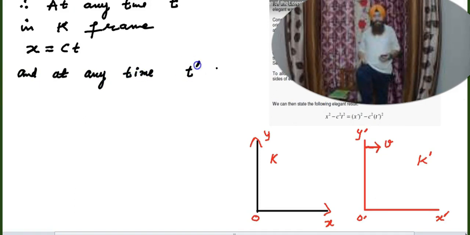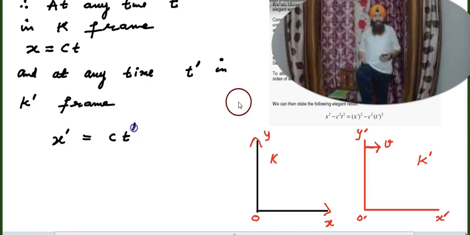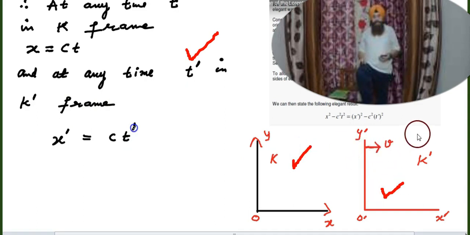Likewise, at any time t dash in the K dash frame, the time is different from t, because this frame is in motion, and its velocity is not very small; it is comparable with the velocity of light.